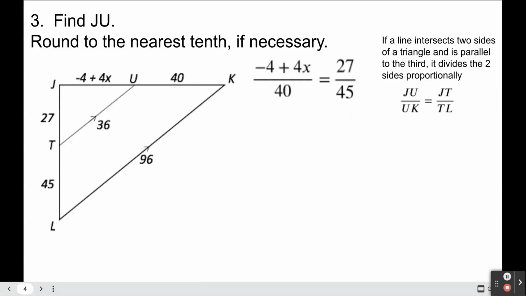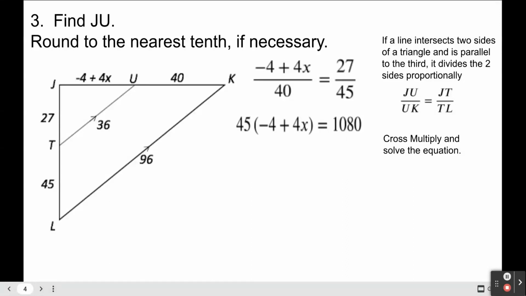Again, cross multiply to solve. Here, when you cross multiply, we need to make sure that we do 45 times the whole thing that represented JU. So use parentheses. You can go ahead and distribute. However, I'm actually not going to distribute here. 40 times 27 is 1,080.